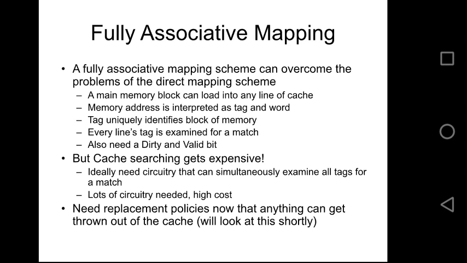So we need some replacement policies, like the page replacement policies we have seen in virtual memory. To replace a block in the cache, we also require some page replacement algorithms.